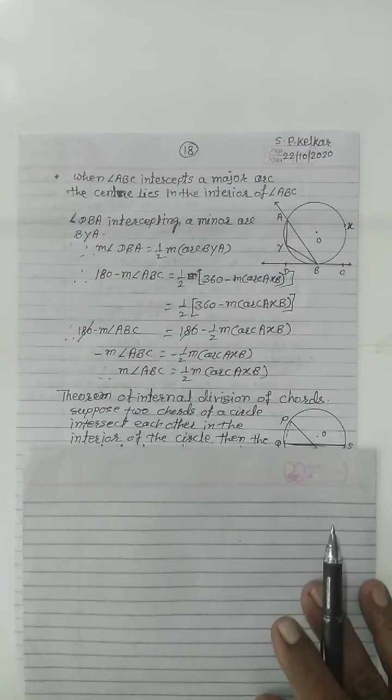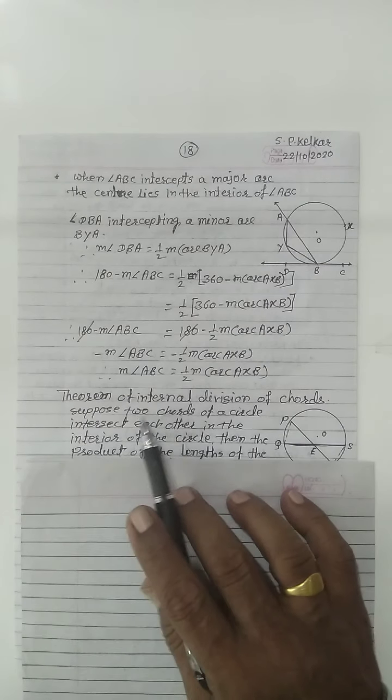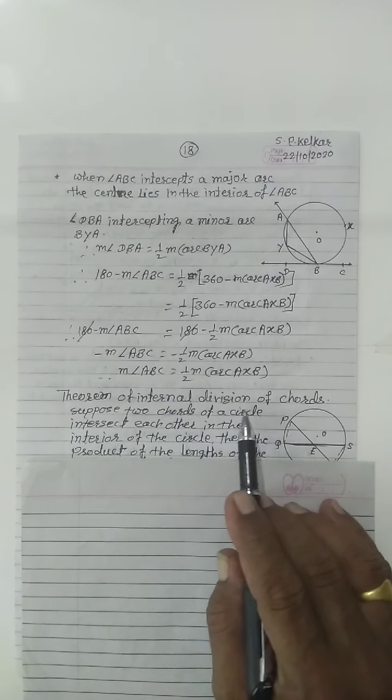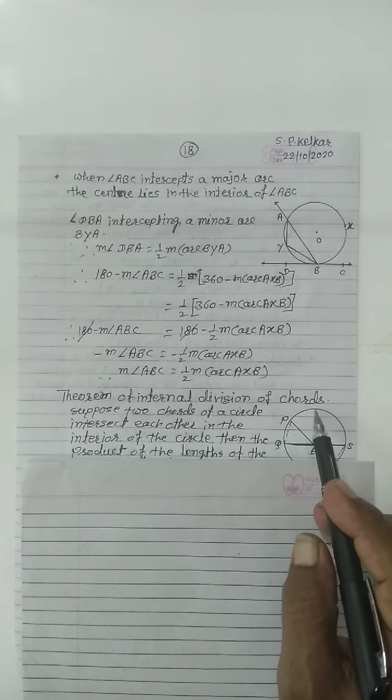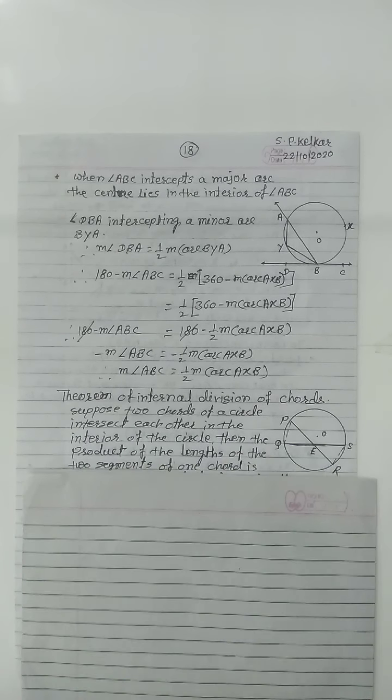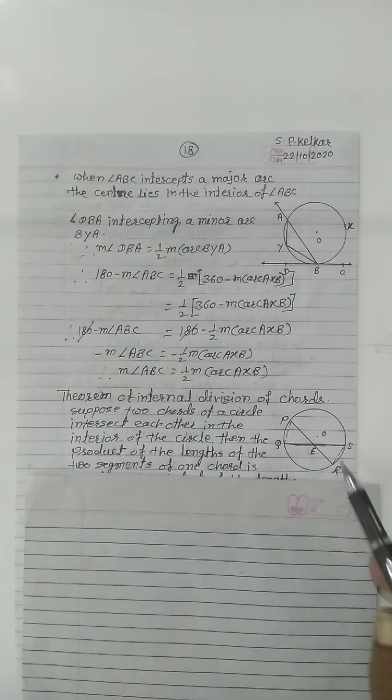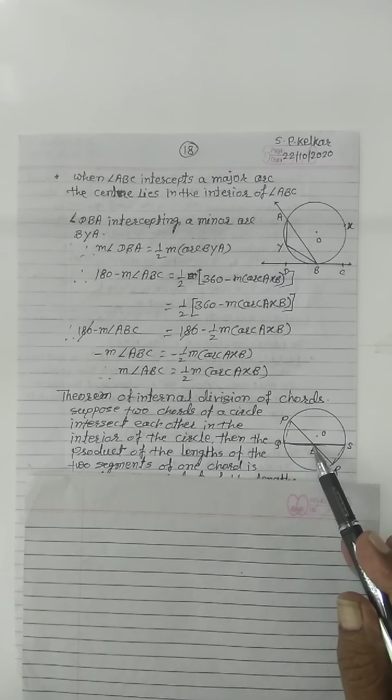Now again we see the theorem of internal division of chords. The theorem of internal division of chords means two chords intersect inside the circle.